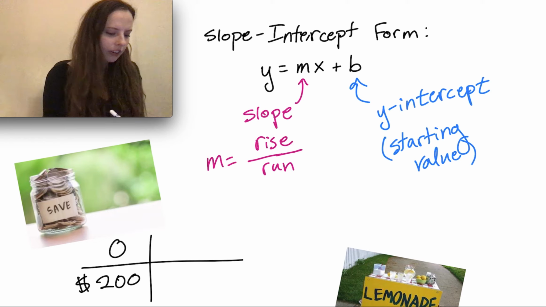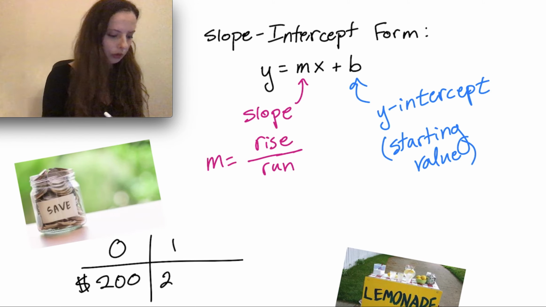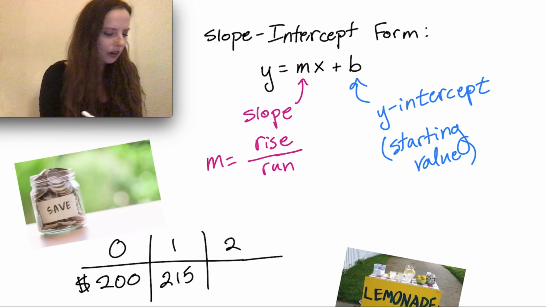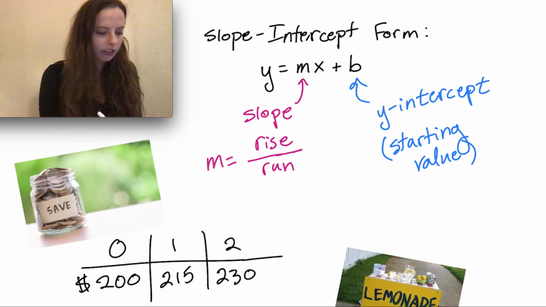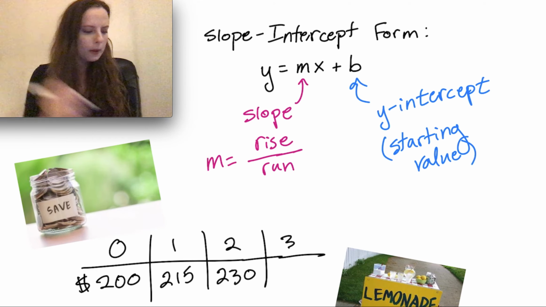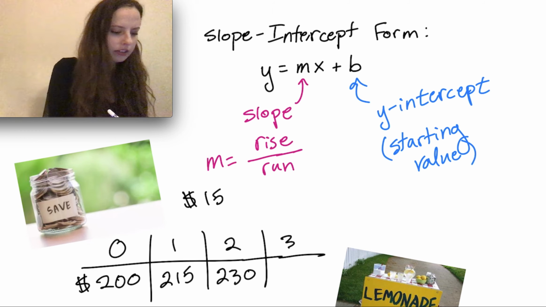So after the first day, now you have a total of $215. And after the second day, you have a total of $230. And each day, your amount is going to increase by $15. So that is your rate of change, $15 per hour.